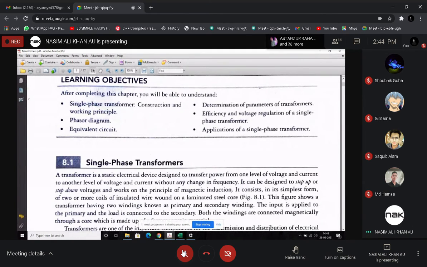Why that deviation, where is the rest of the voltage going? Always remember, power is constant, so V1 I1 should be equal to V2 I2. Why am I saying V1 I1 and V2 I2? Because the transformer is that particular device which has two sides.